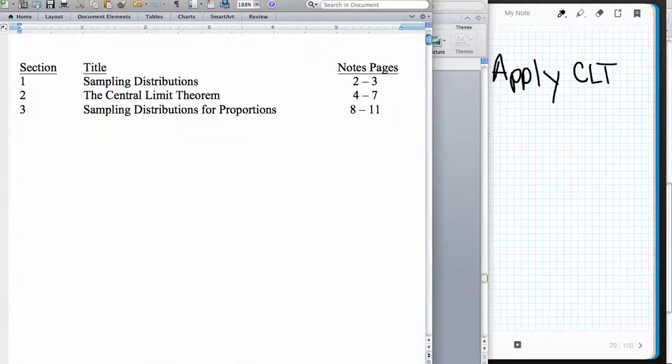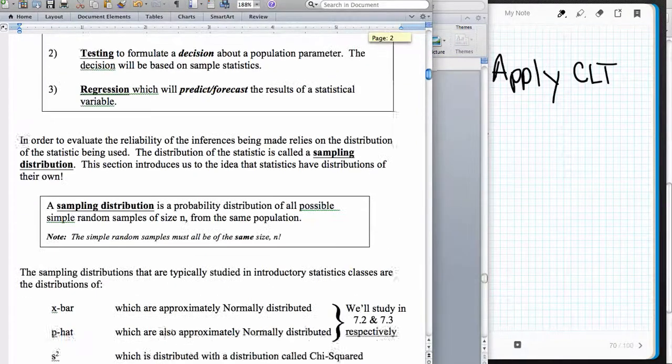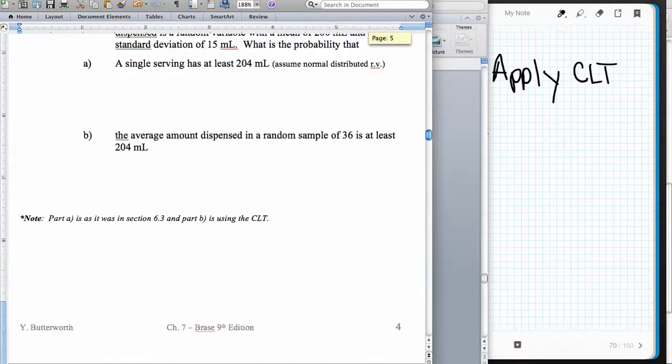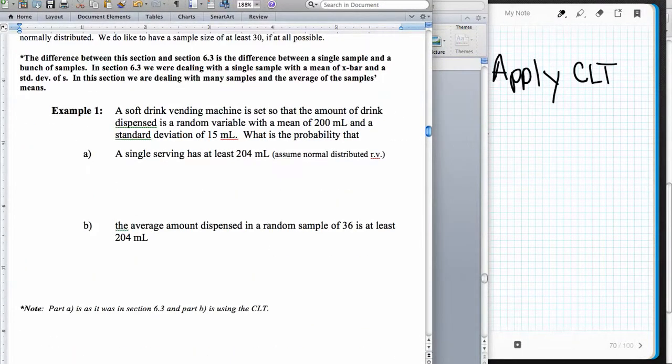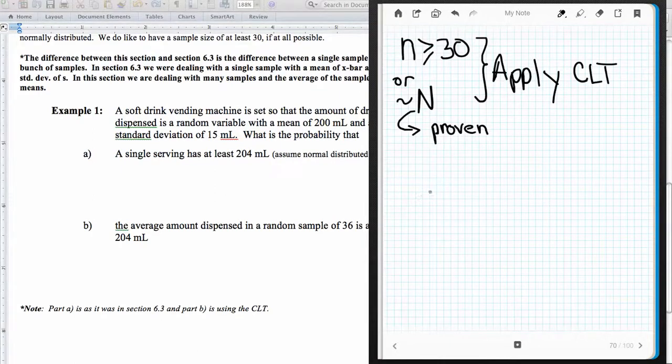So now back to our original task here, which was talking about our differences between what we had in section 6.3 and what we're going to be talking about now. In section 6.3 we had discussed distributions where we had a single random variable being observed. Now we're going to be taking a sample and we're going to be talking about its sample mean.